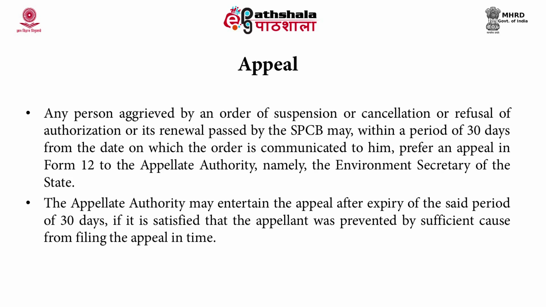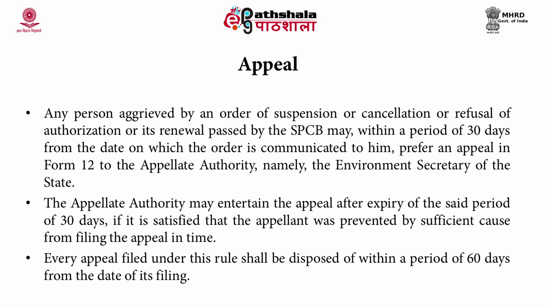The appellate authority may entertain the appeal after expiry of the said period of 30 days if it is satisfied that the appellant was prevented by sufficient cause from filing the appeal in time. Every appeal filed under this rule shall be disposed of within a period of 60 days from the date of its filing.